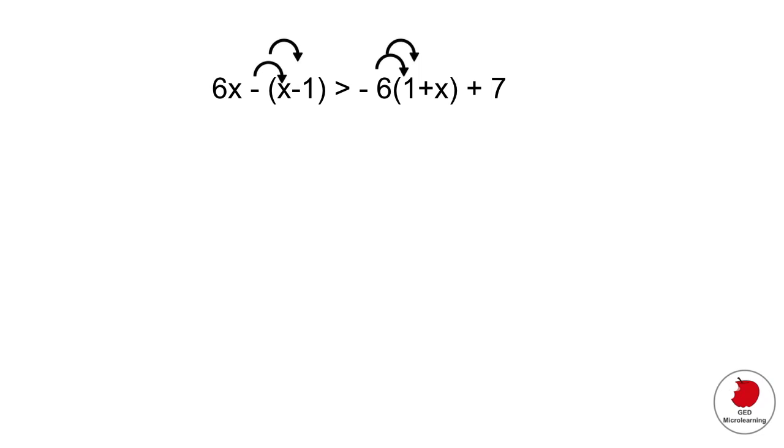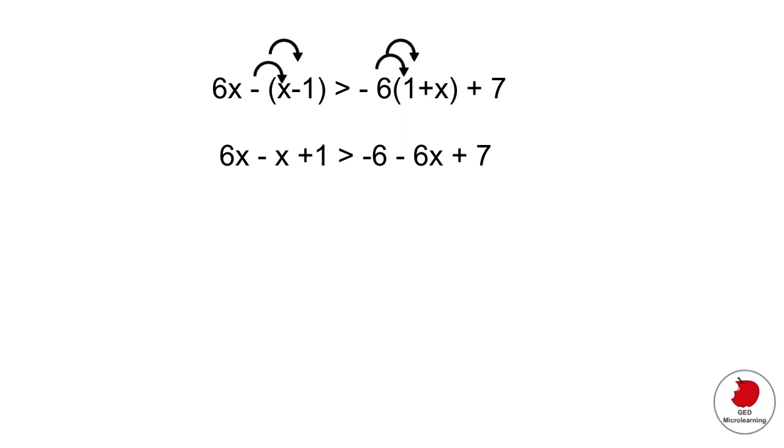When you do that, you have to be careful, especially with the negative signs, but this is what you will end up with. On the left side, you end up with 6x minus x plus 1, because a negative sign multiplied by a negative 1 gives you a positive 1. And then if you do the same thing on the right side, you end up with minus 6 minus 6x plus 7.